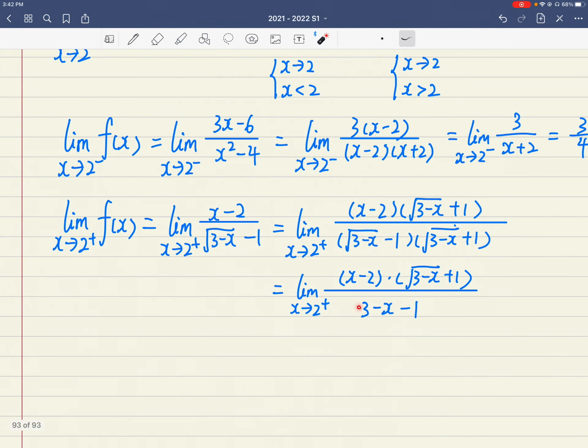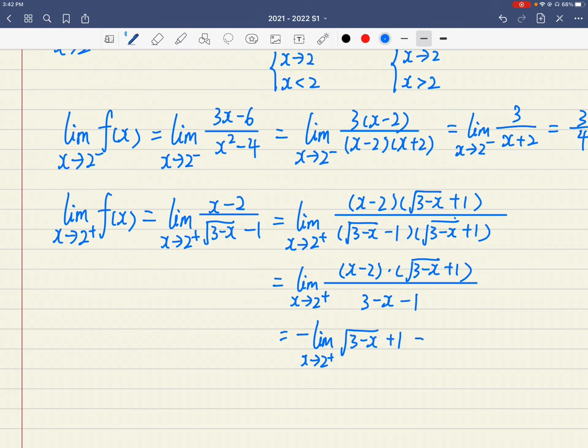Now you can see the bottom is 2 - x, and the top is x - 2, so these two parts can be cancelled out. So it's negative the limit as x approaches 2 of (sqrt(3 - x) + 1). Then you substitute, and it is negative 2.